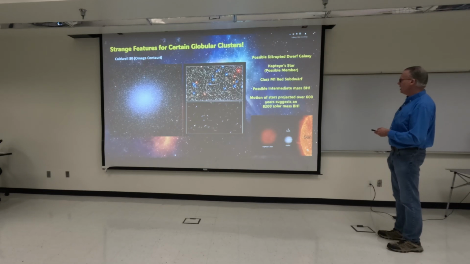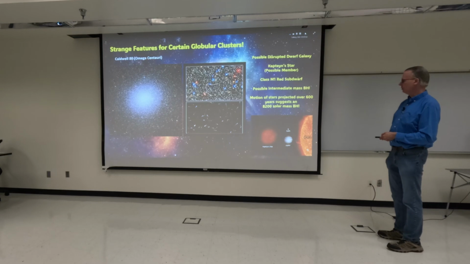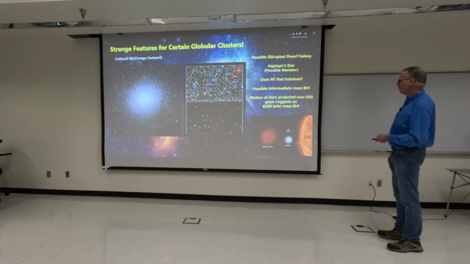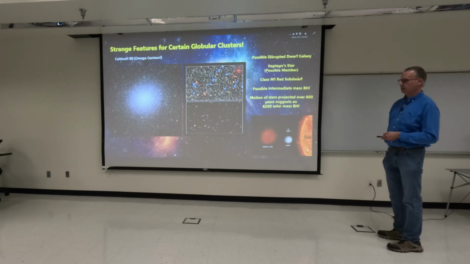This is Caldwell 80. It actually is a possible disrupted dwarf galaxy. It probably has an 8,200 solar mass black hole. They can look at the stars in the middle from decades of observations and project the motions of stars over a 600-year period. Kapteyn's Star, which is less than 15 light years from Earth, likely came from this globular cluster.